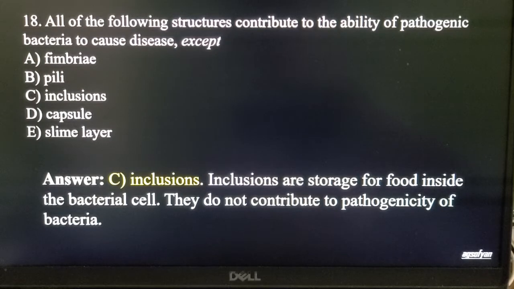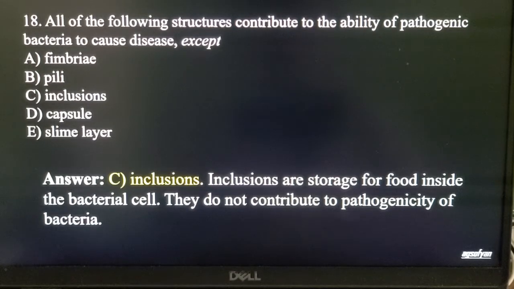Inclusion is not. Inclusion is just a structure inside the bacterial cell used for storage. Capsule, of course, remember, is used by bacteria for protection against the host immune system, white blood cells.